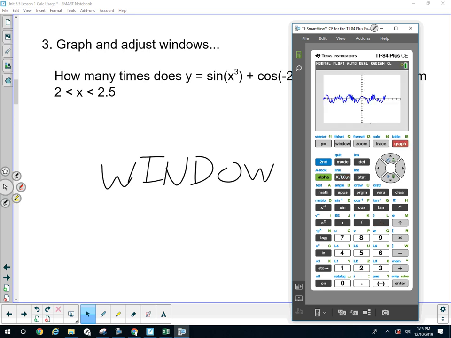And I can see it's like, oh gosh, this crosses the x-axis a lot. And if I don't adjust my window, I cannot visually see how many times this crosses between 2 and 2.5.